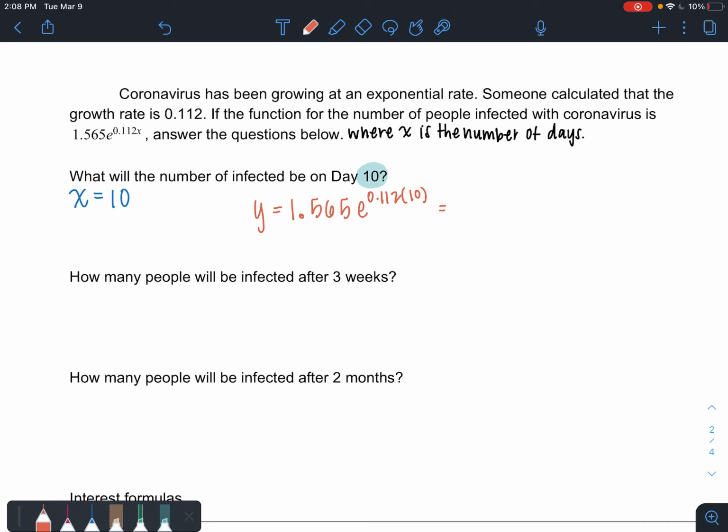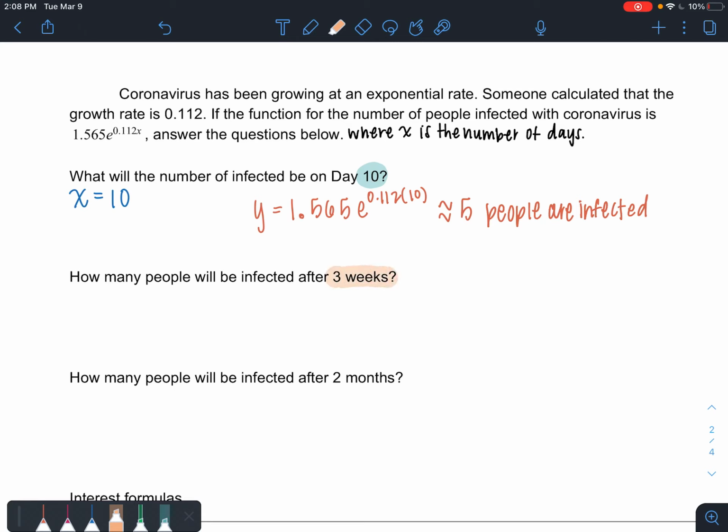So at the beginning, we only have about 5 people who are infected. Not too bad. 5 people, not so bad.